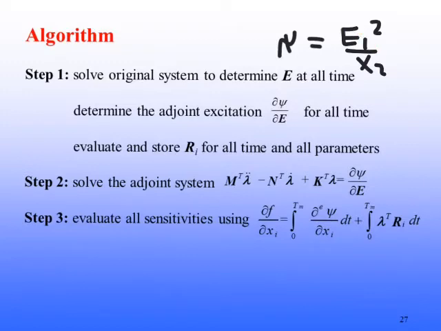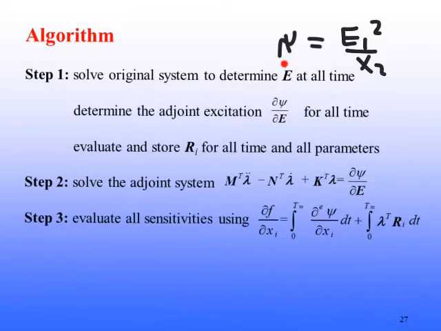Then it's going to give me a non-zero component only in the first component, and all the other components will be zero because it's not a function of E2, it's not a function of E3, and so on. So I can calculate this one, but this will require the value of E. If I differentiate this one, I get 2E1 over x2. I need the value of E, which I get from the original simulation.